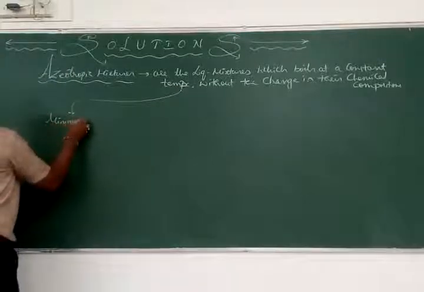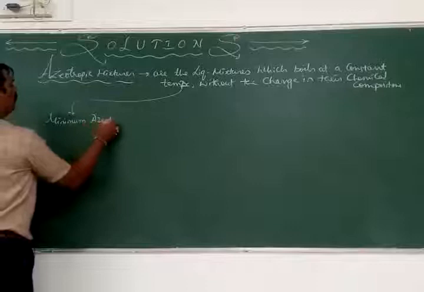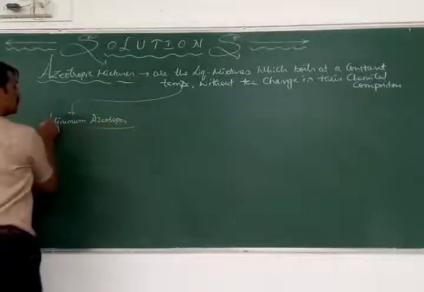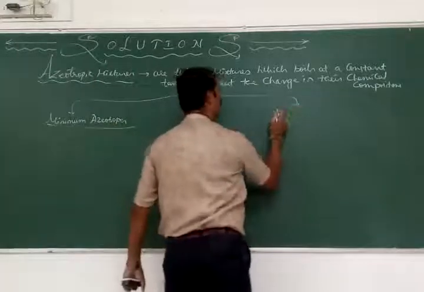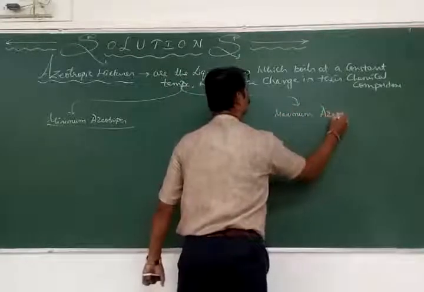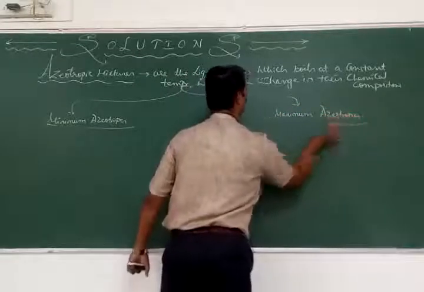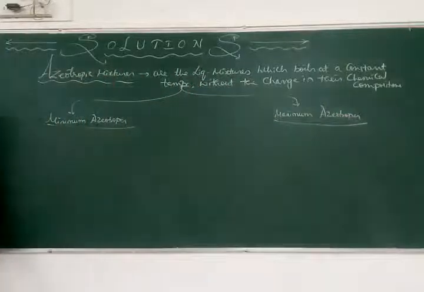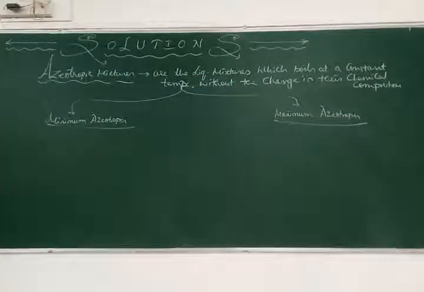One is minimum azeotropes or minimum boiling azeotropic mixtures, and then the maximum azeotropes. What is the meaning of minimum azeotropes and maximum azeotropes?